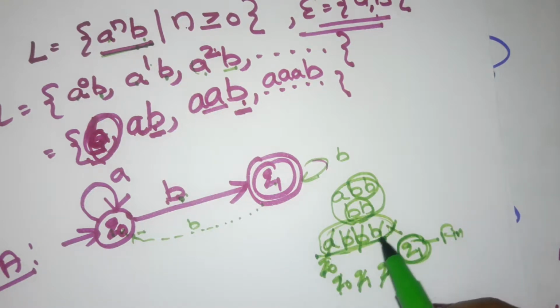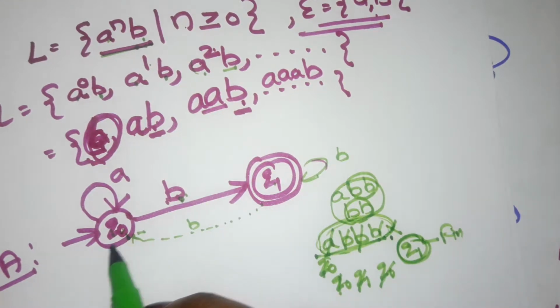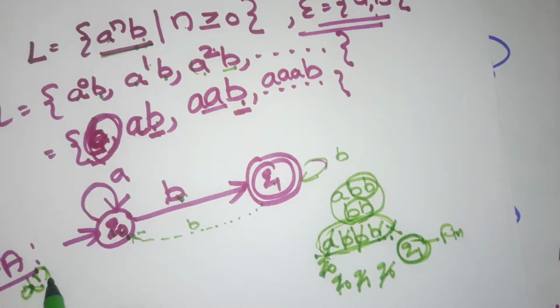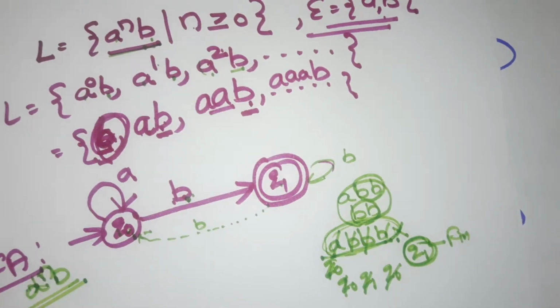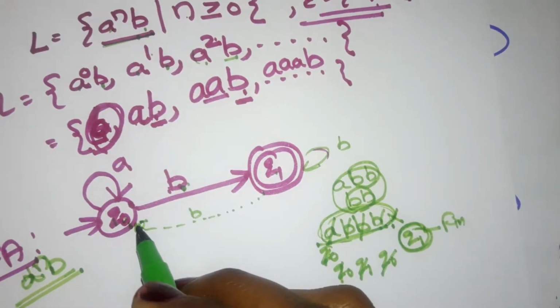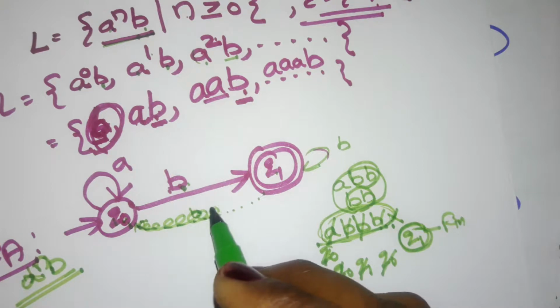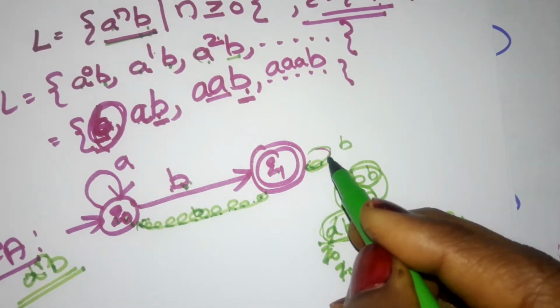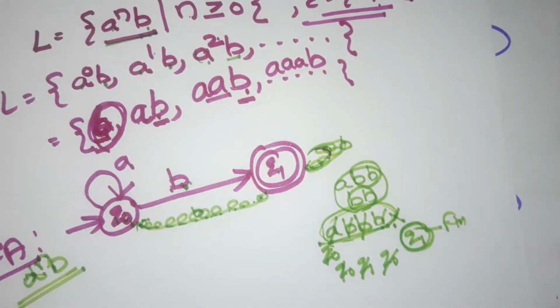But this input string should not be accepted by your DFA. Why? Because you are designing a DFA for a power n b. So you cannot give input b here also.